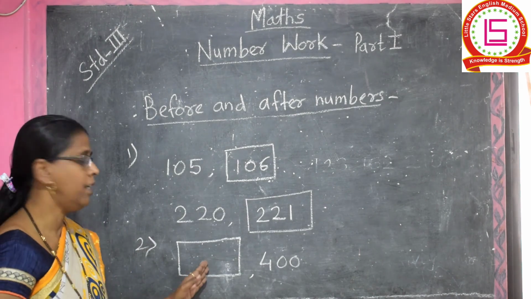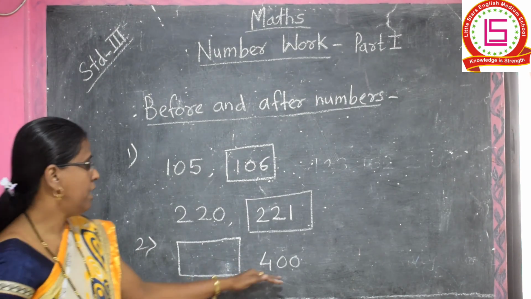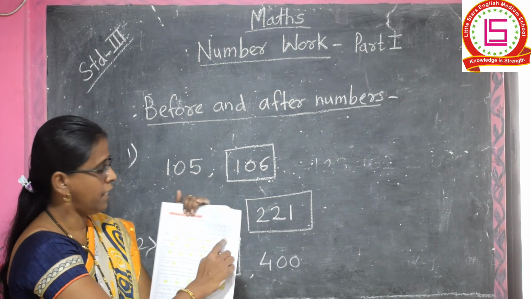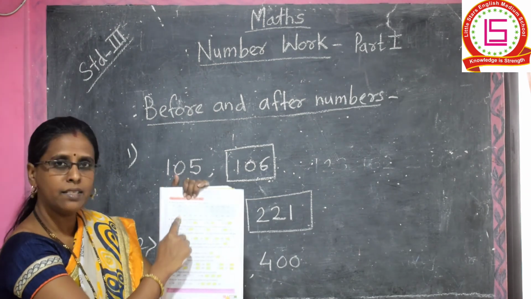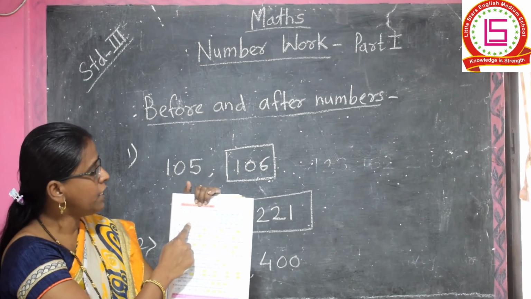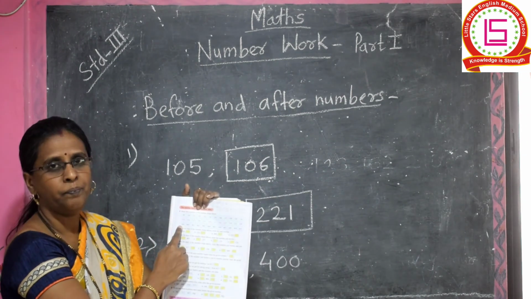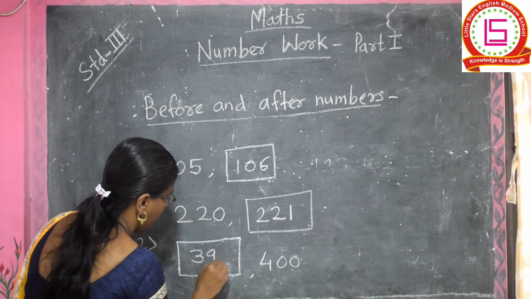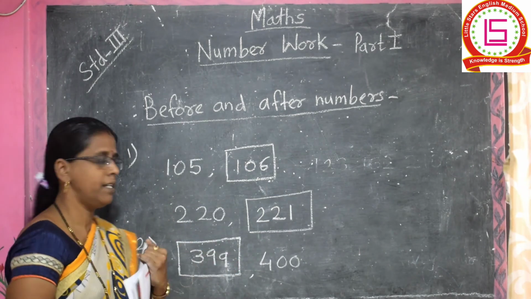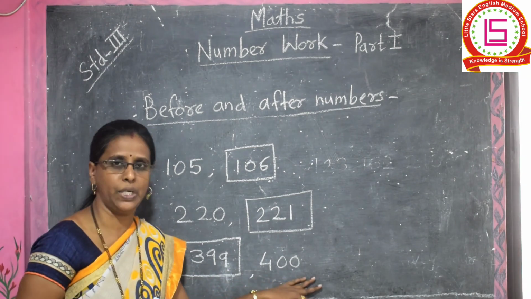You write here the before number. See here, in the last strip, strip number 3, there is 400 in the second box. Then before this 400, which number is here? 399. 399 is the before number of 400.